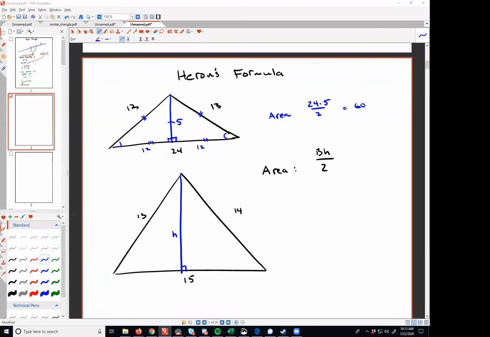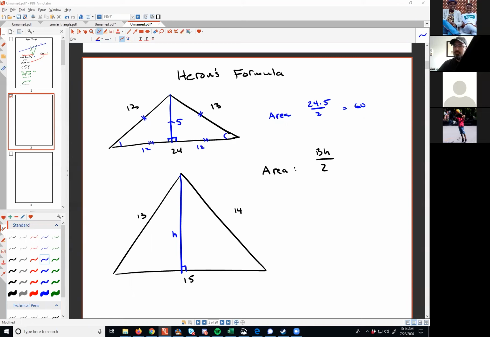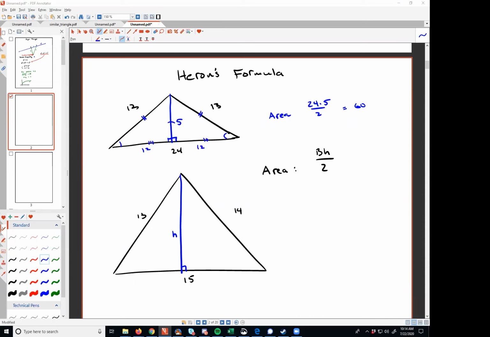Well, we can't assume that it's going towards the middle since there's different side lengths. So it's not isosceles. We can use Heron's formula. Well, we are trying to derive Heron's formula. That's our goal. We're not going to use this blindly. We're going to figure out why it works if it works.